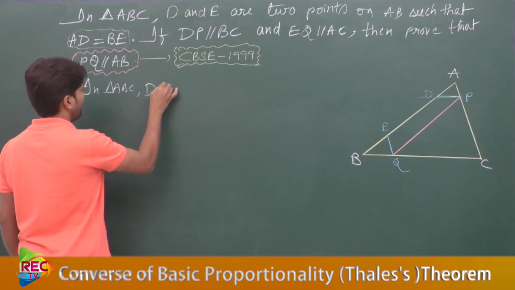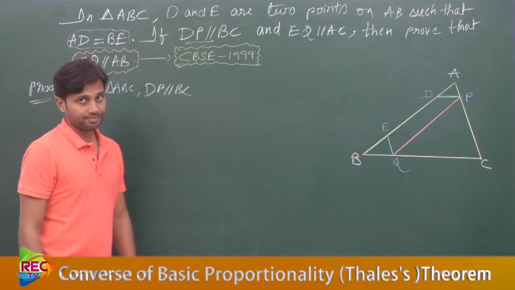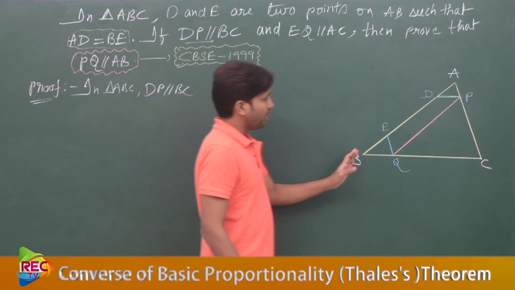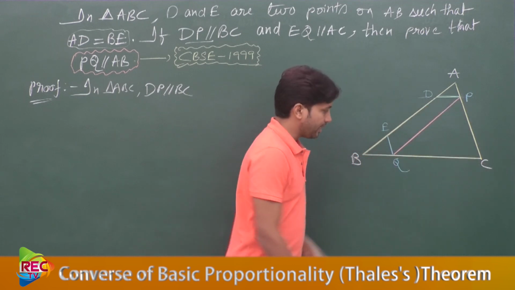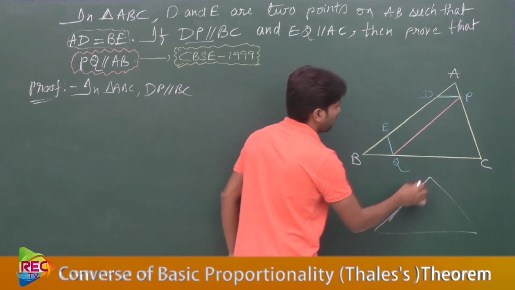DP is parallel to BC as it is mentioned, right? If you are a bit confused here, let me draw a separate diagram for only DP.